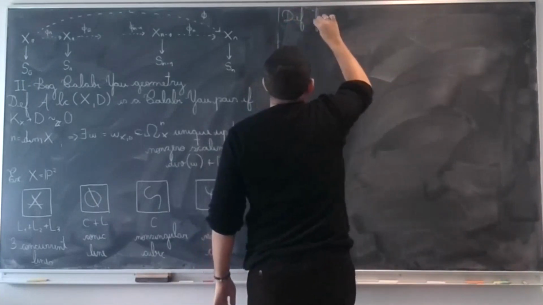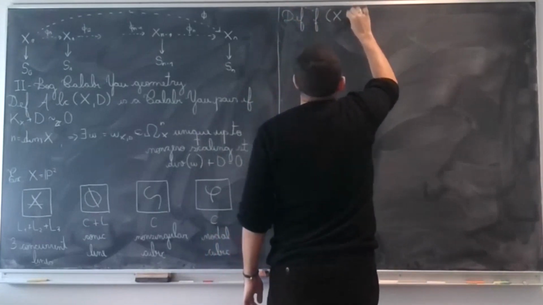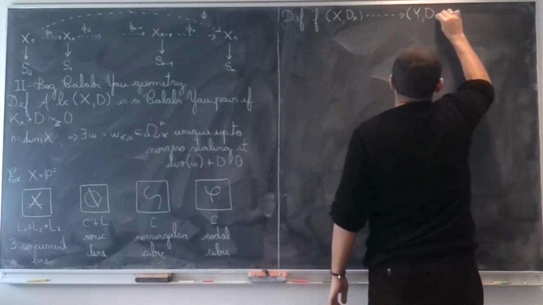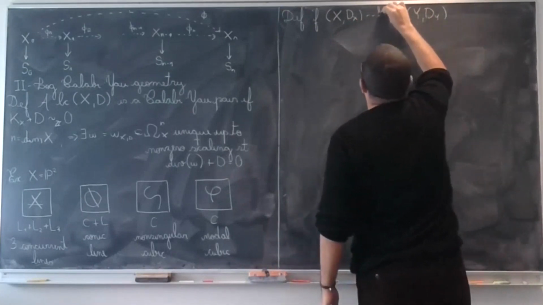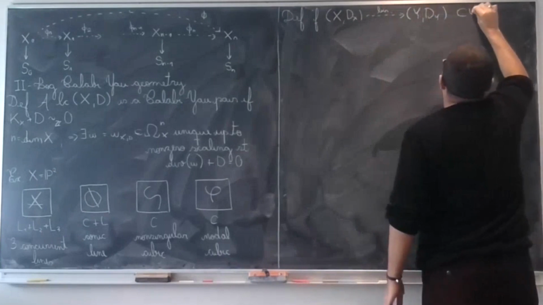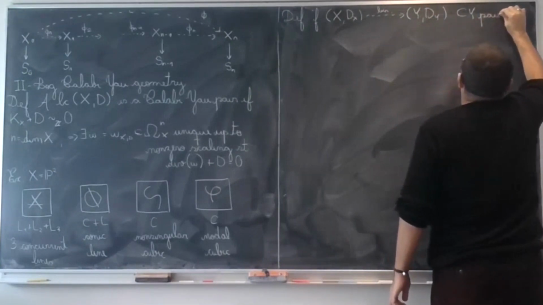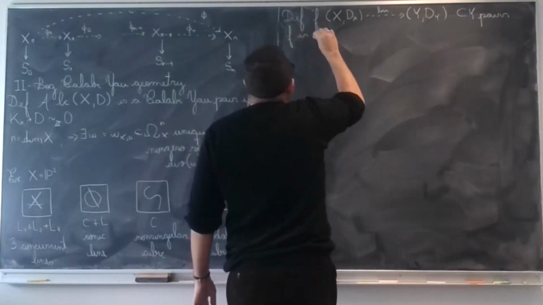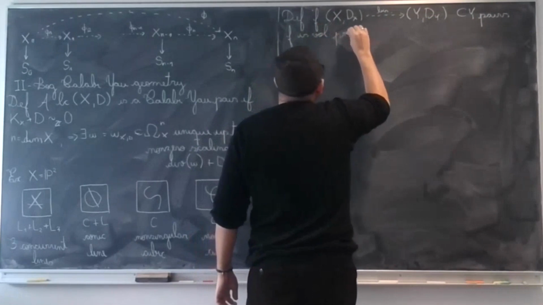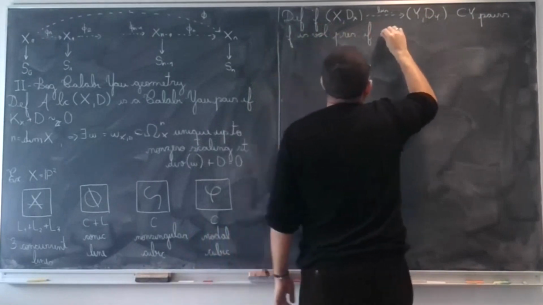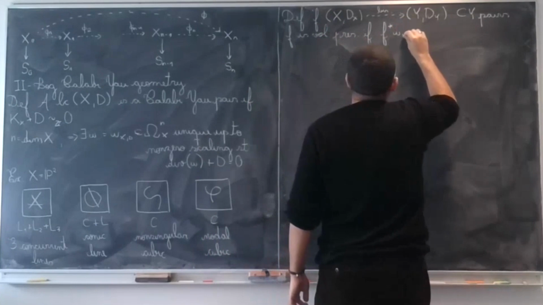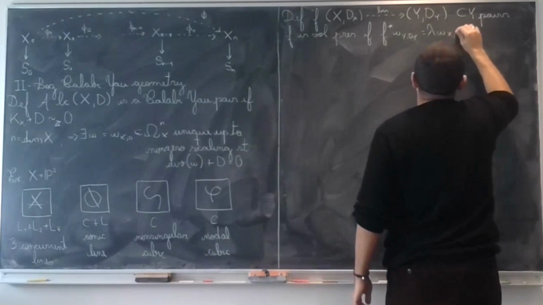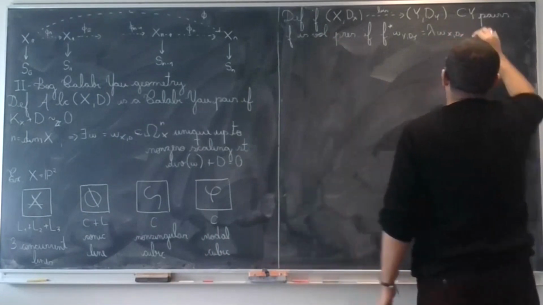If I have f, a birational map between Calabi-Yau pairs, I will say that f is volume preserving if the pullback of the volume form associated to the target is a non-zero scalar multiple of the volume form associated to the source.